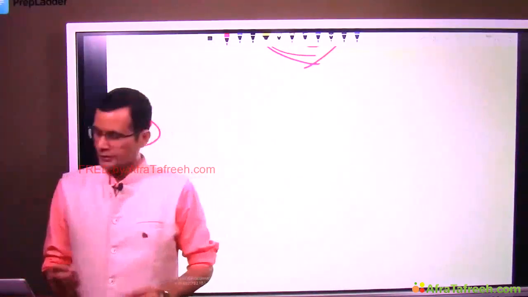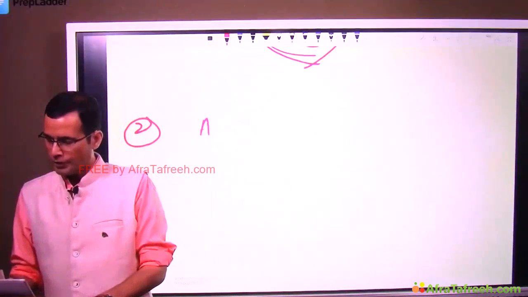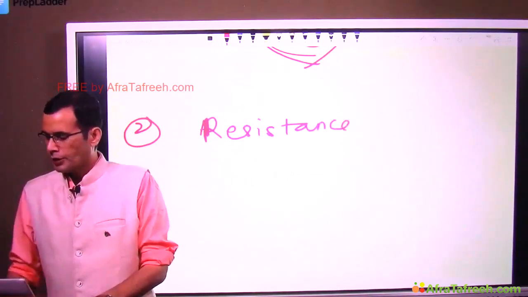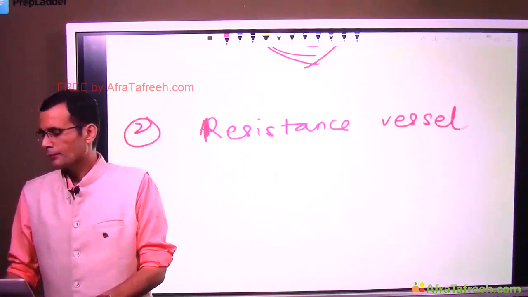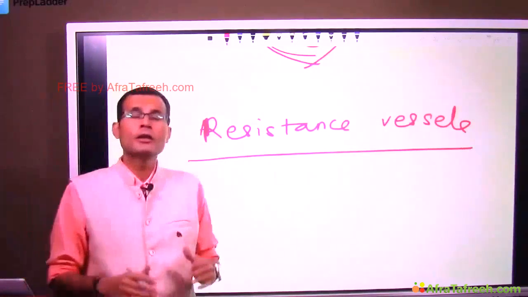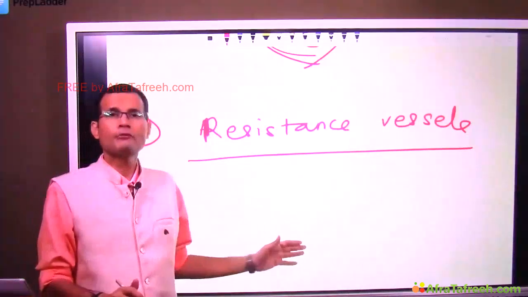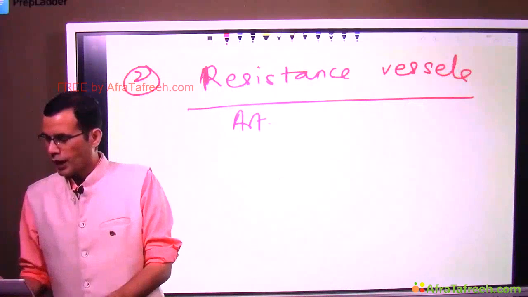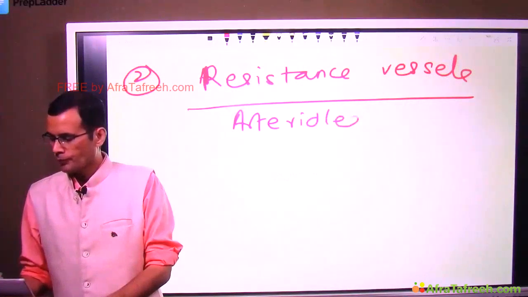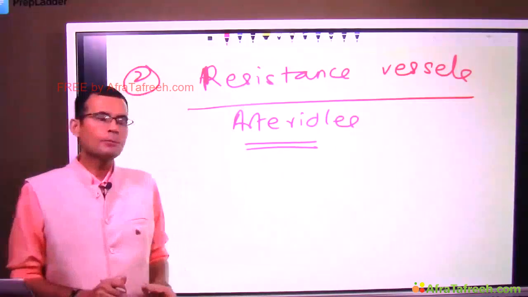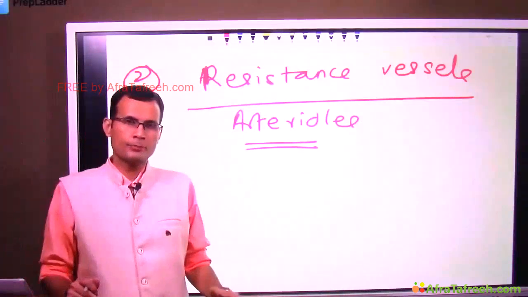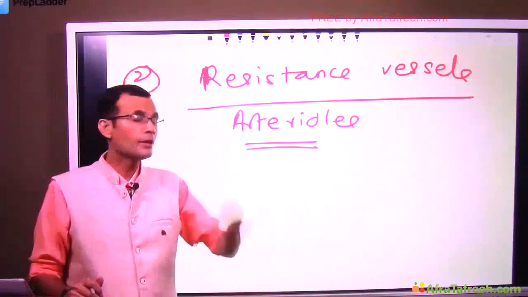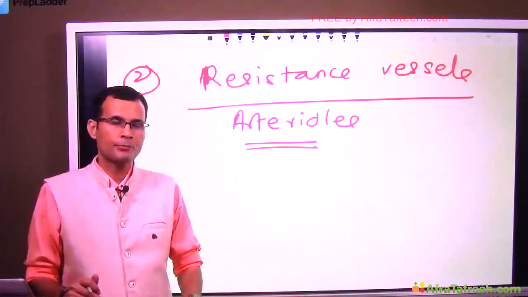The second type of blood vessel is resistance vessels, which offer resistance to the blood flow. And what are those resistance vessels? Arterioles. Please remember, much of the resistance to the blood flow is offered by the arterioles in the case of systemic circulation.